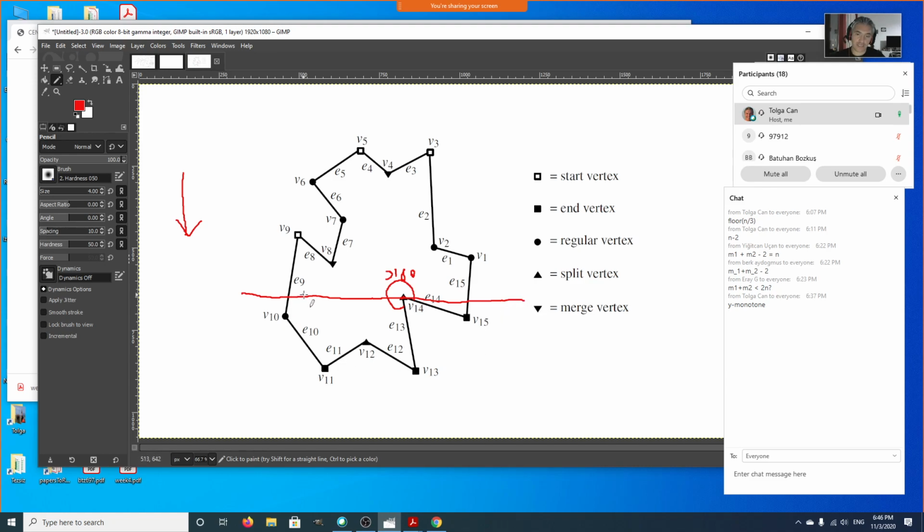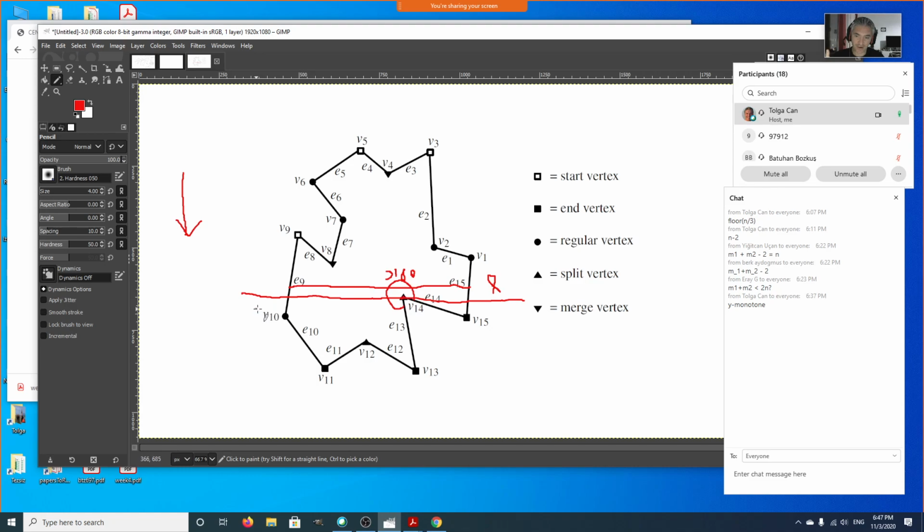Consider the interior of the polygon just above the sweep line L and just below this event point V14. The interior of the polygon that we intersect is just connected. It's just one piece, right?